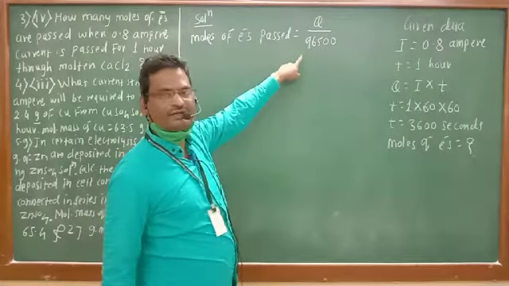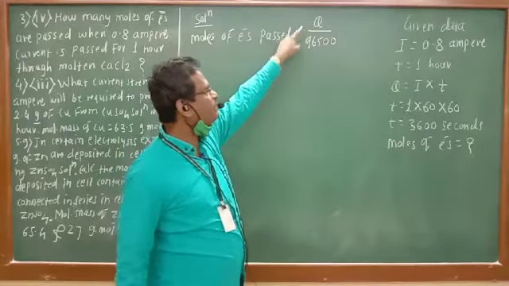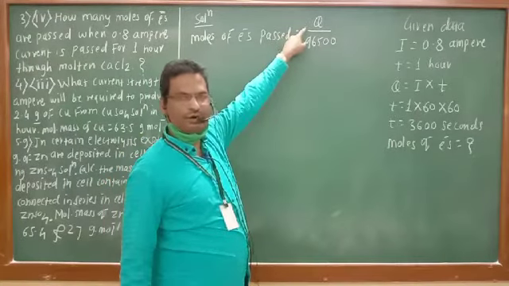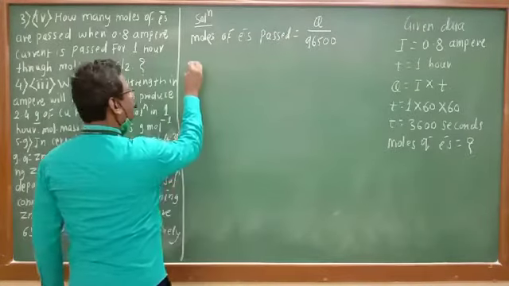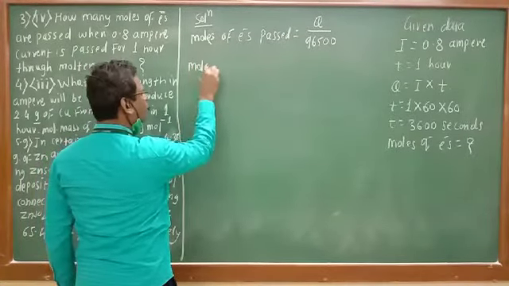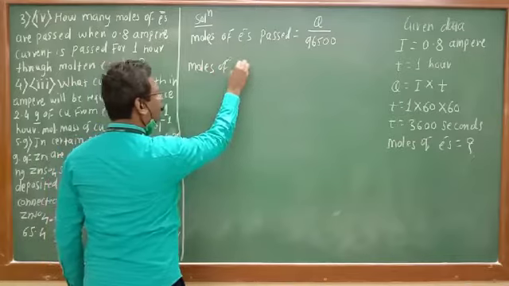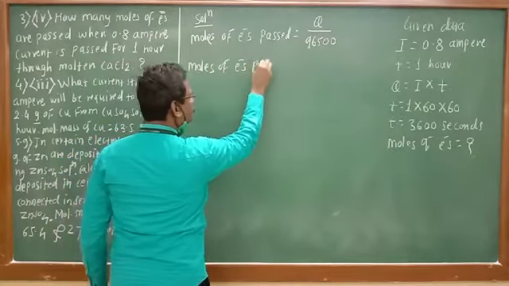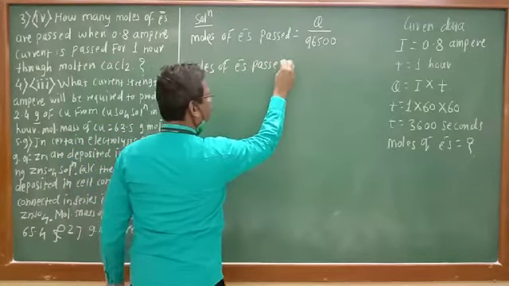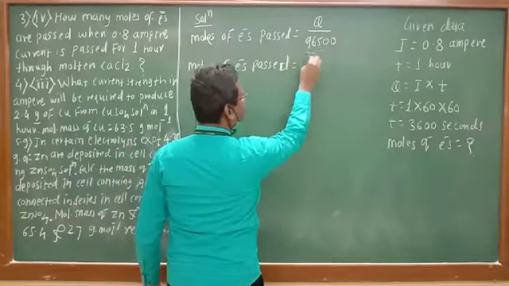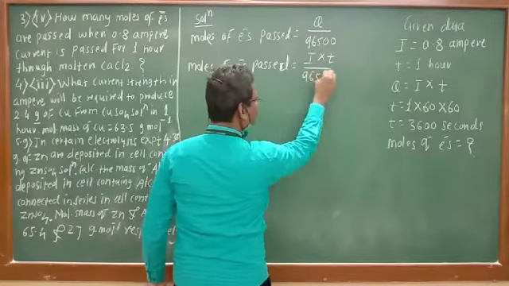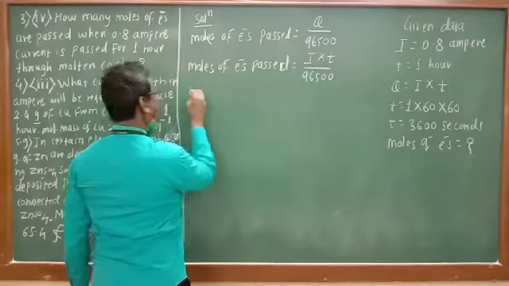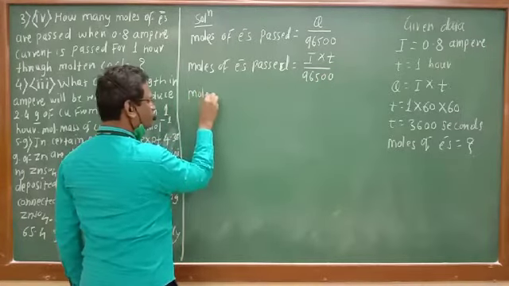You may see that lecture once again, so that you will come to know how this formula comes. Q upon 96,500. Now substituting for Q, moles of electrons passed is equal to I into T divided by 96,500. And now substitute the values.